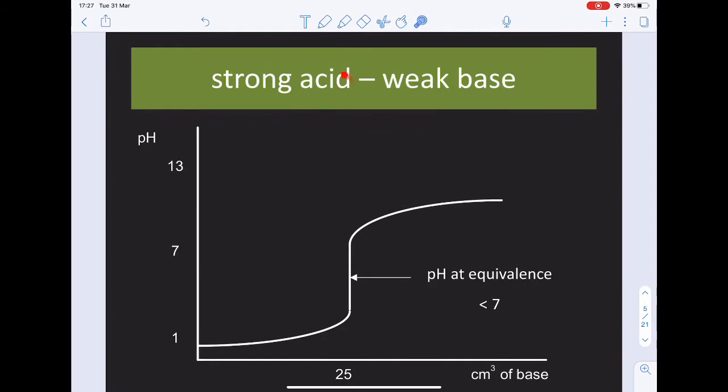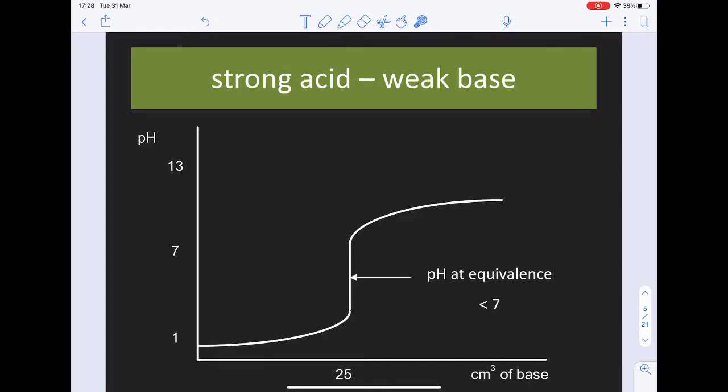For a strong acid and a weak base like hydrochloric acid and ammonia, the pH curve is going to look something like this if we add an alkali to the acid. If we add an acid to the alkali, it would be this shape, the opposite way round. But in both cases, the highest pH is going to be way below 13, because the base is not a strong base.